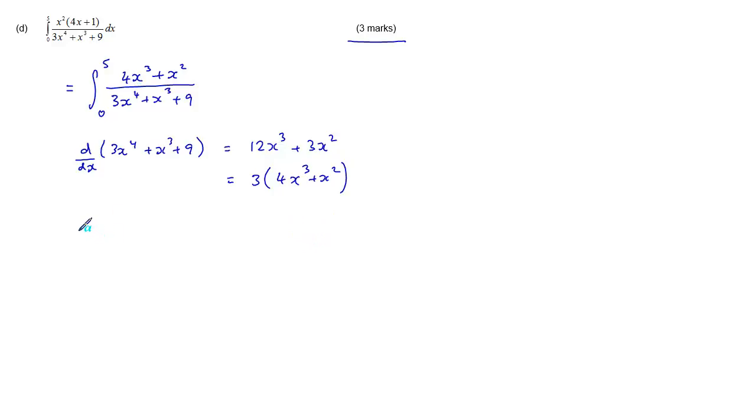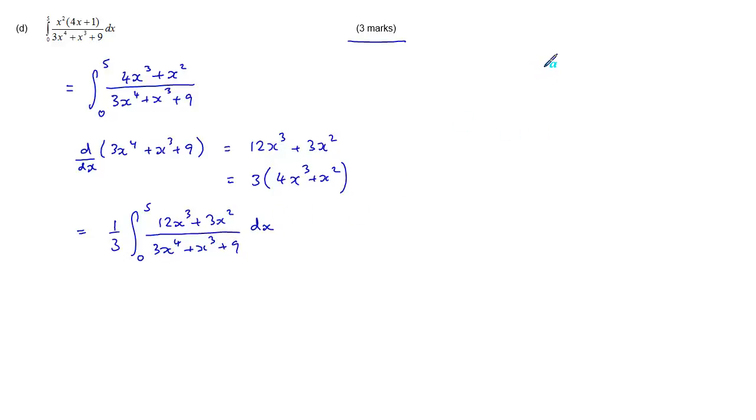So what we actually have here is 1/3 of the integral from 0 to 5 of 12x cubed plus 3x squared over 3x to the 4 plus x cubed plus 9.